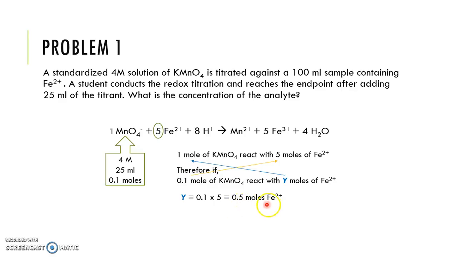From our calculation, we know that 0.5 moles of iron has reacted with our potassium permanganate.